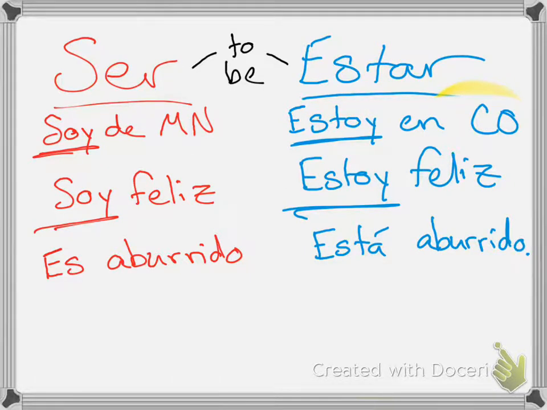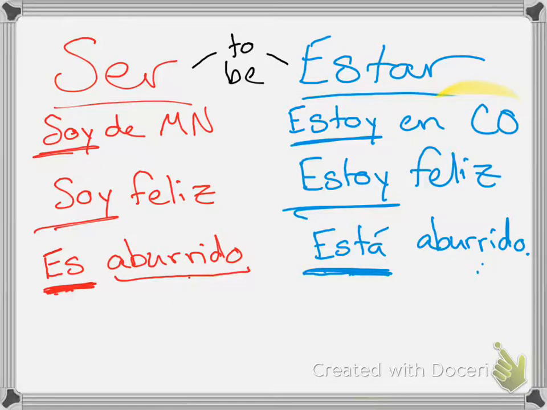Okay, so we have to kind of think about these a little bit. So es aburrido versus está aburrido. So what's the difference? Well, remember, está is feeling or location. Aburrido means bored. So if I look at this, está aburrido, this person is feeling bored. Okay? However, when I look at es aburrido, es isn't a feeling, right? We use es with a characteristic.